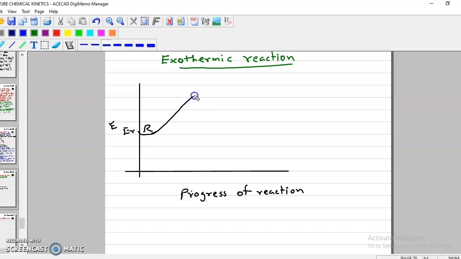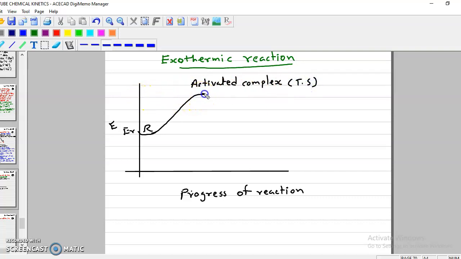When reaction is in progress, energy of reactant increases. It will absorb some amount of energy and form activated complex. This is the highest energy absorbed by reactant, or it is called transition state.